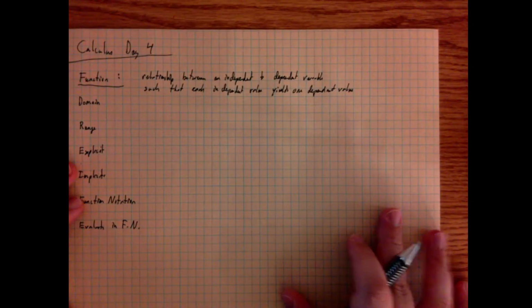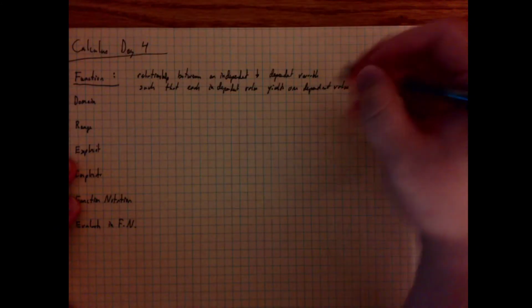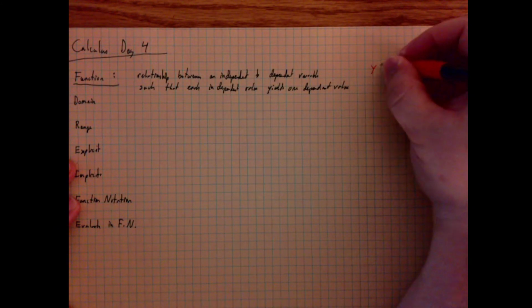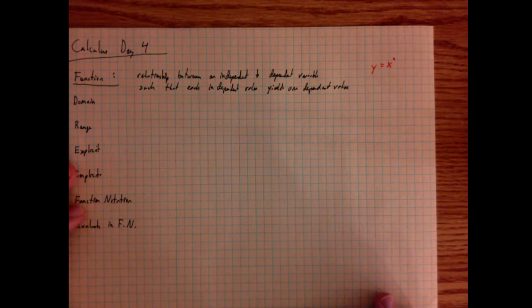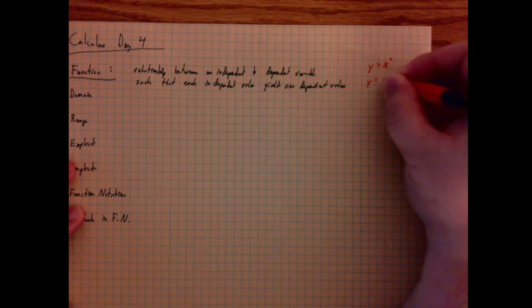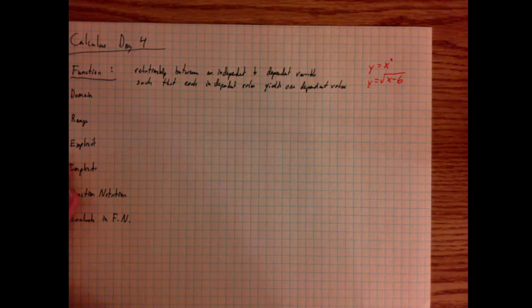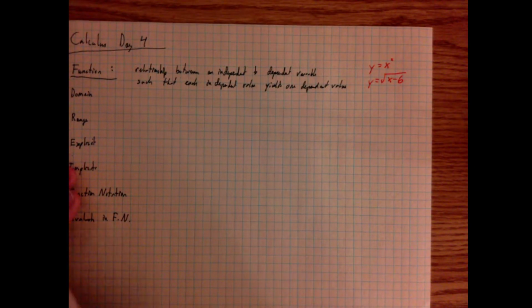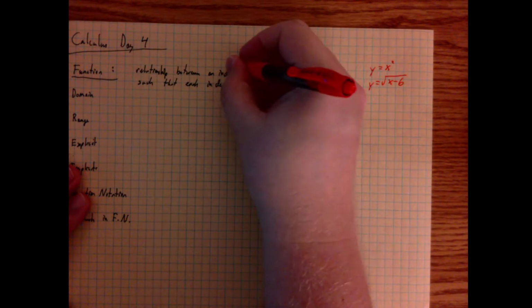Common functions would be stuff like y equals x squared. Now that's a function. Another example of a function might be the square root function. So y equals the square root of x minus 6. These are all functions. There's an independent variable, which is the x, and that's the common notation.